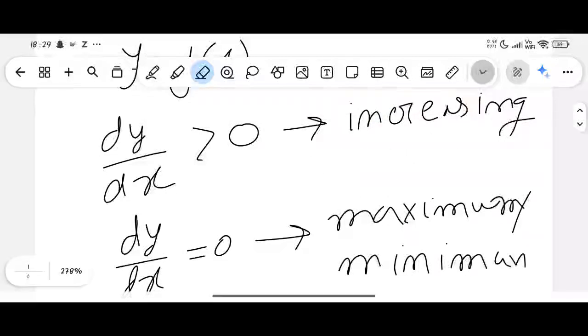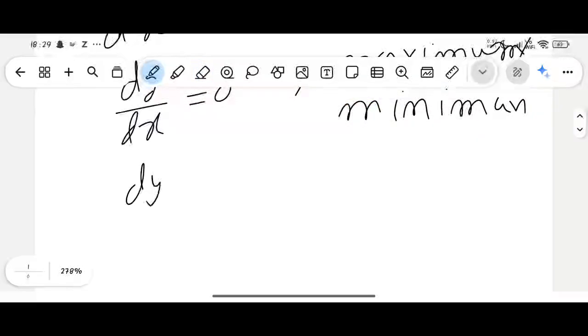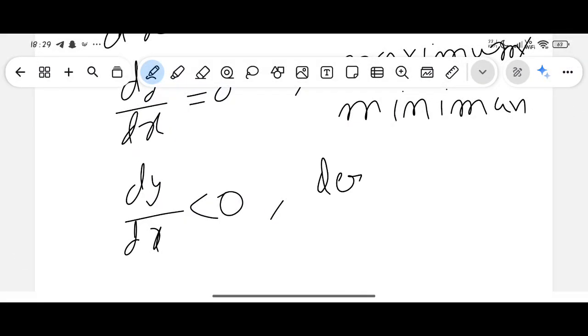Similarly, dy dx less than 0 indicates that the function is decreasing in nature. So this was all about dy dx.